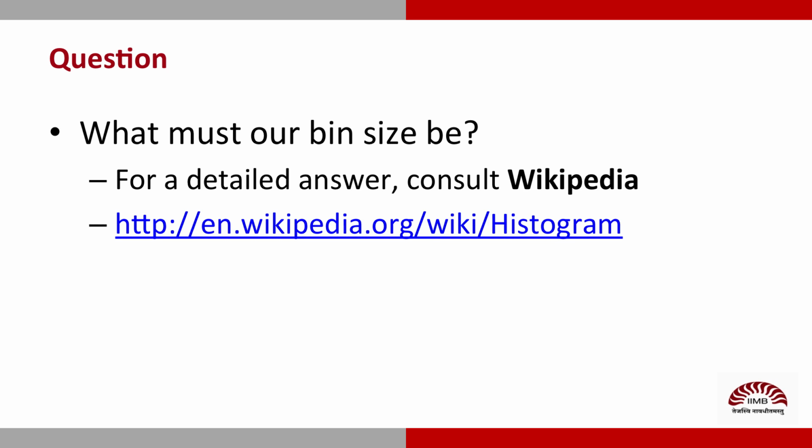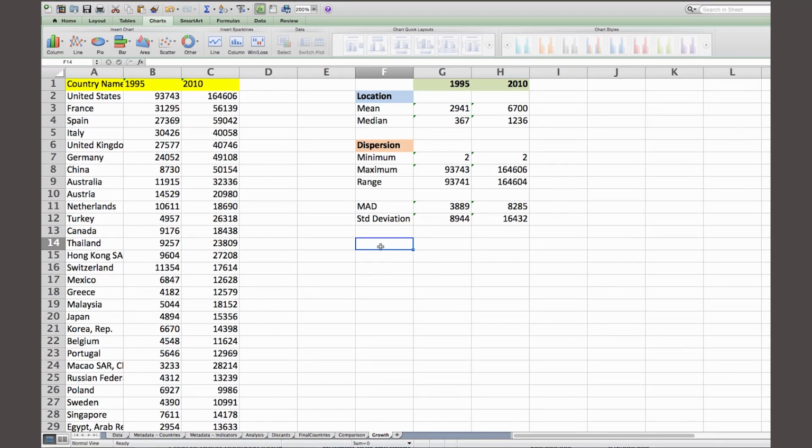Now there are many formulas for what should be the ideal size of a bin. I'll just go with a bin size of 2000 for now. So we agreed on a bin size of 2000. I'll go ahead and create my bins for the year 1995 and for the year 2010.